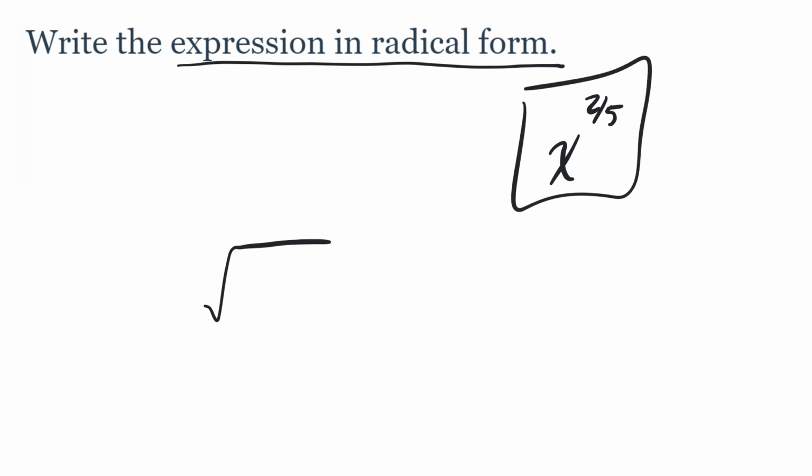So what we have is the variable going into the bottom here, and whatever is the denominator is the index, which goes here, and whatever is the numerator is the power attached to the variable, which goes there. So this answer is the fifth root of x squared.